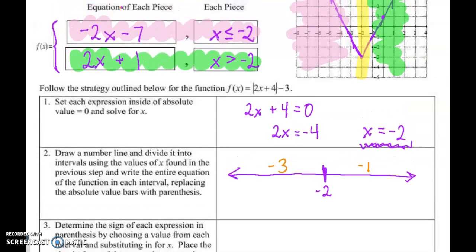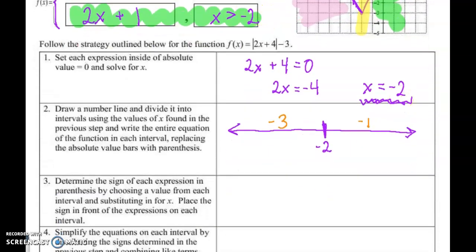And what you're going to do is take the equation they gave you, f of x, and just plug in that value into the absolute value part of the graph.